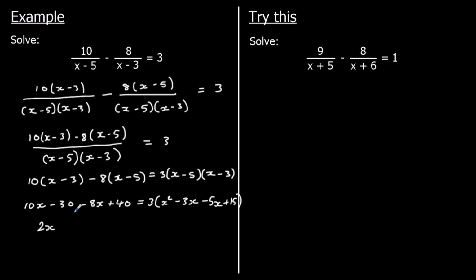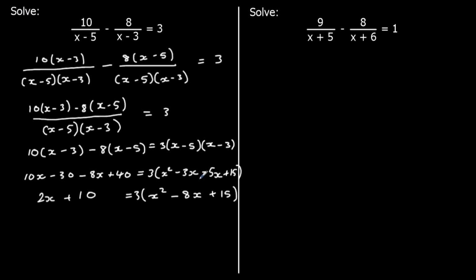And negative 30 plus 40 is 10. And we've got 3 times x squared. We've got negative 3x, take away 5x, which is negative 8x plus 15.